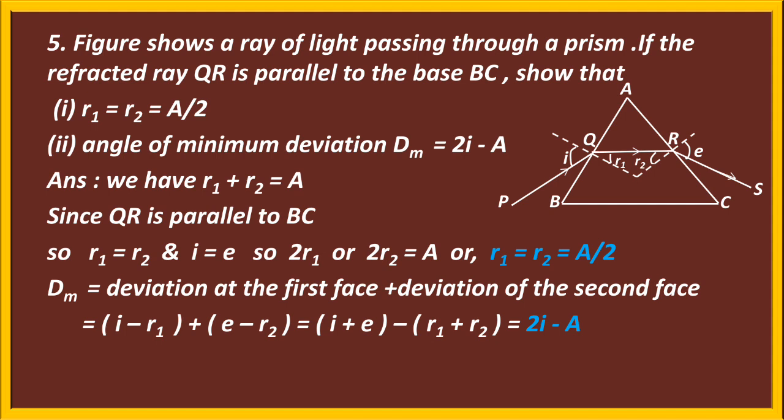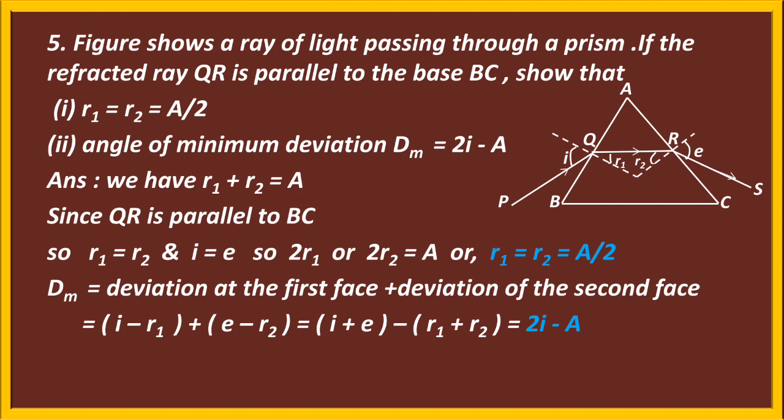Number 2, angle of minimum deviation DM equal to 2I minus A. We can use the formula R1 plus R2 equal to A. Since QR is parallel to BC, so R1 equal to R2 and I equal to E. This is the case of minimum deviation. So 2R1 or 2R2 equal to A, so that R1 equal to R2 equal to A by 2.